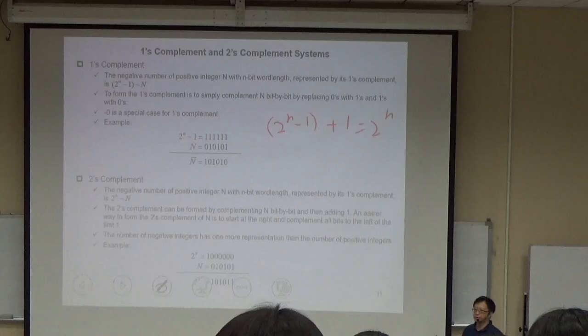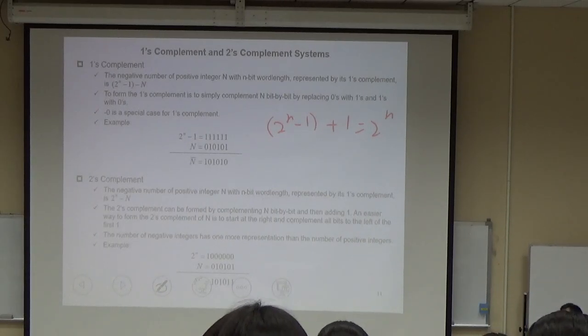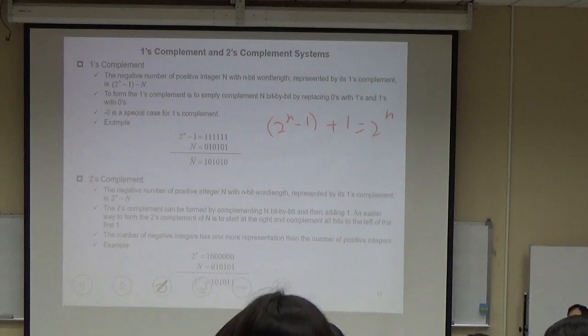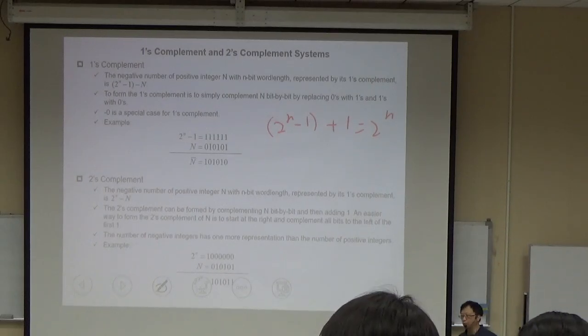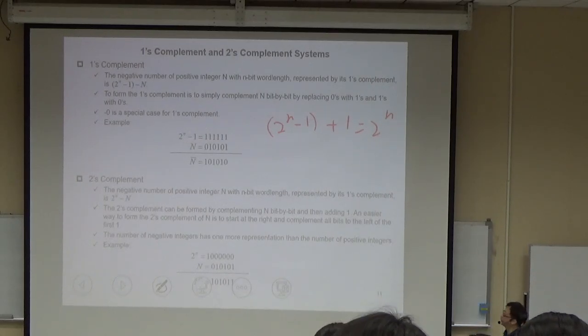So actually, you understand how to obtain the negative number for one's complement or two's complement. We will see some examples for the conversion, and then we find their addition and subtraction, and how they relate to the circuit. Okay.